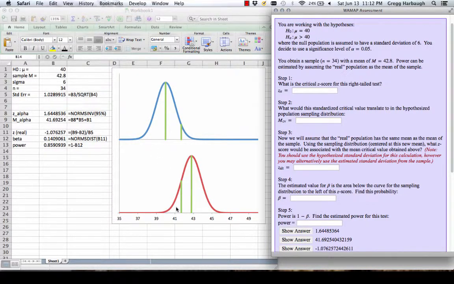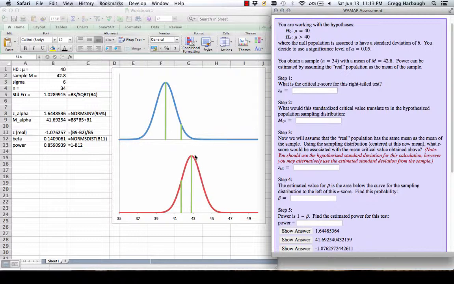The value is less than 41.69 and change. The likelihood of that happening is about 14%, which means the likelihood, and again, to reiterate, if we found a value here, we would fail to reject the null because it would not fall in the critical region.